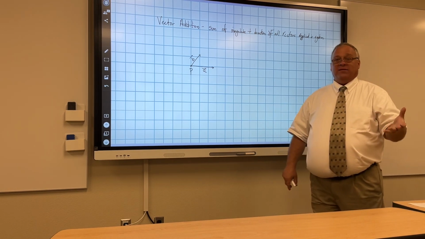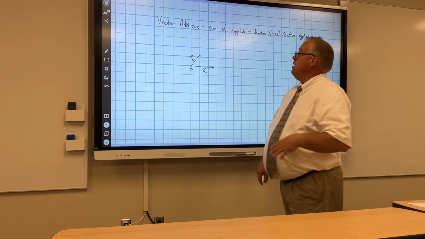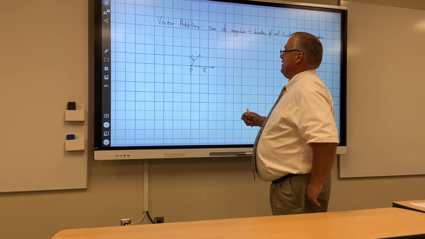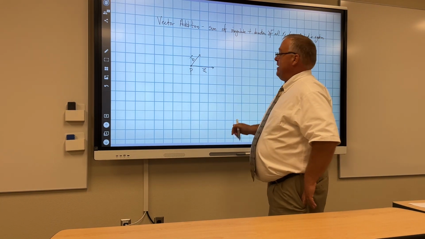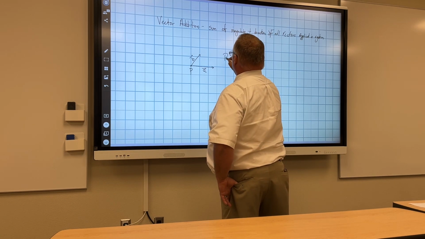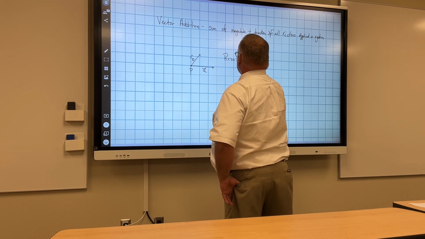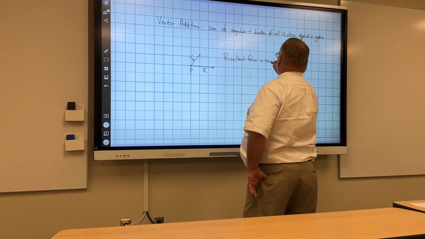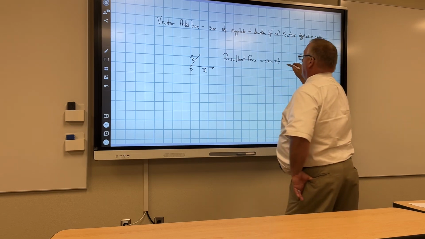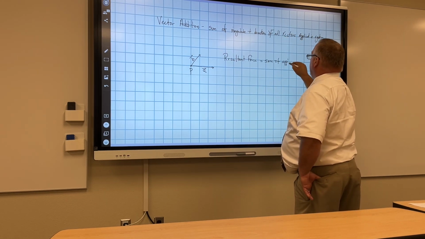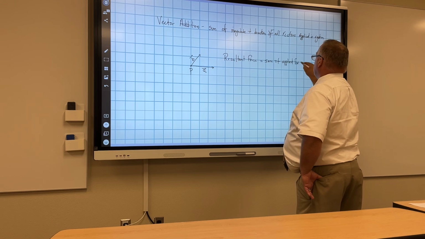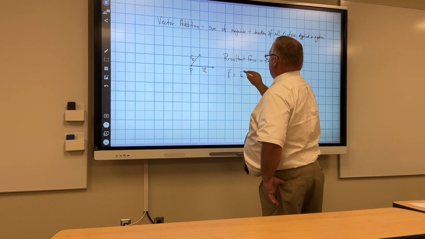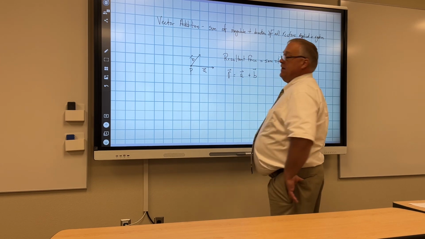Well, it depends on the magnitude and direction of those forces, right? We can rewrite the force that's exhibited on point P as something called a resultant force. And this is the sum of our applied forces. So our resultant force is the sum of force A plus force B.